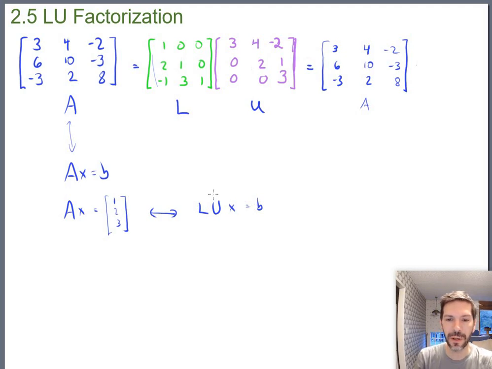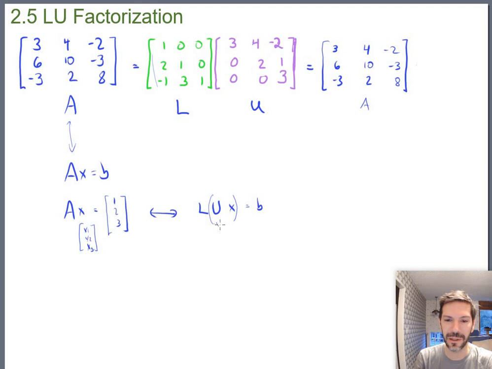So let me point out that U, if I multiplied U by X, and X is our unknowns, but more importantly, X is a single column, it's a vector. So you multiply U times a vector, you'll get a new vector, right?